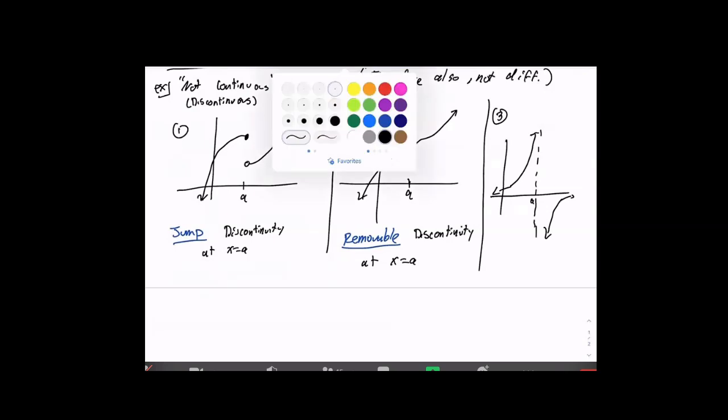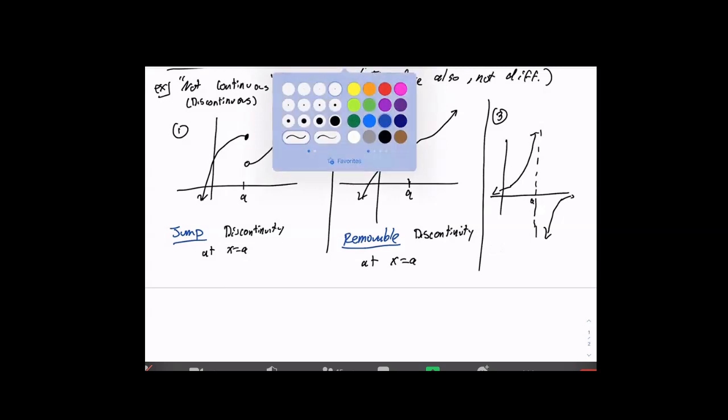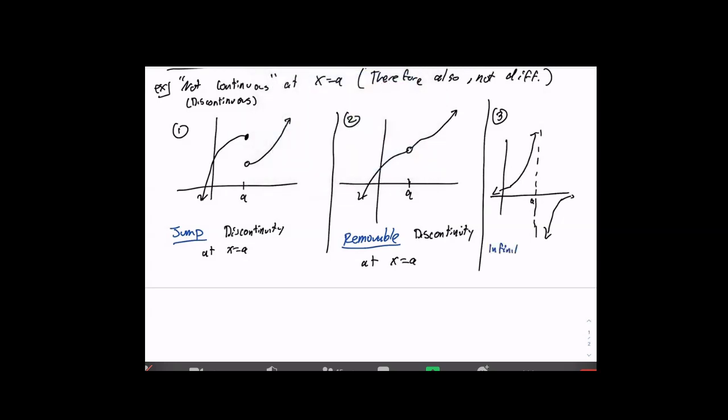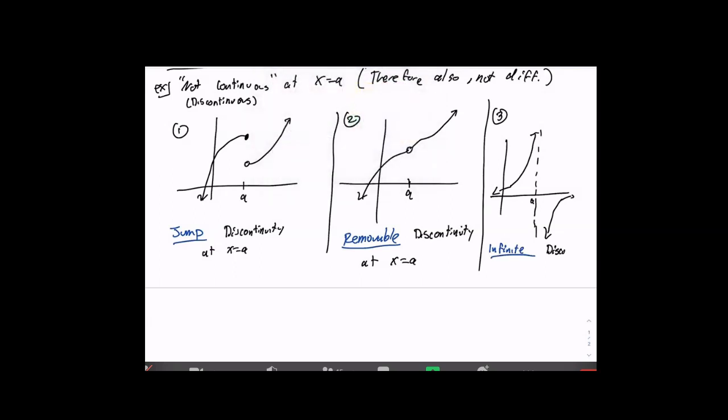It's a vertical asymptote, but in calculus, we often call this an infinite discontinuity at x equals a. Now there are some other names that calculus books will call them. There are fancier textbooks in college that might refer to them as something else. I even forget.